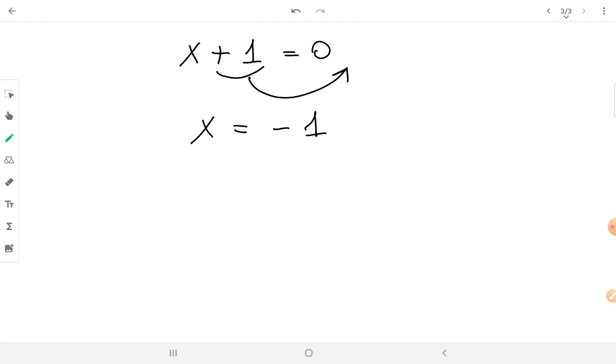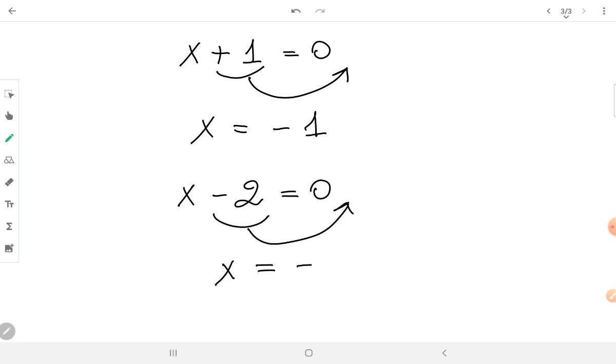If we have x minus 2 equal to 0, the term minus 2 that is subtracted in the first member passes to the second member added, and we obtain x equal to plus 2.